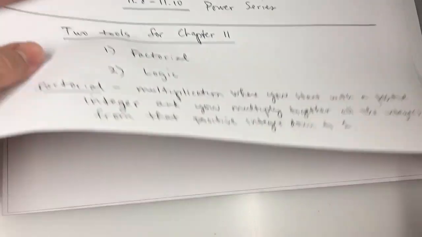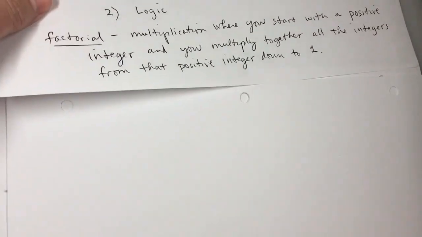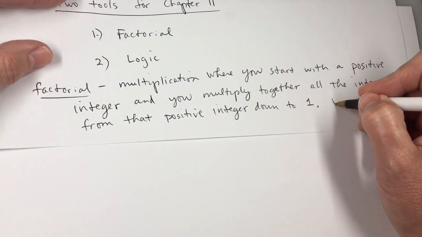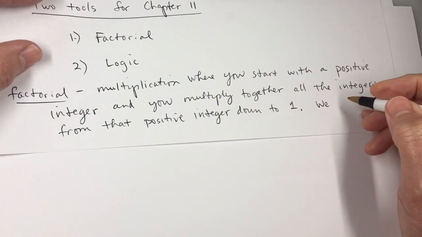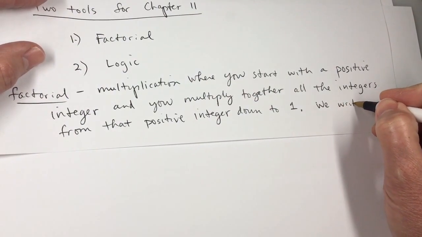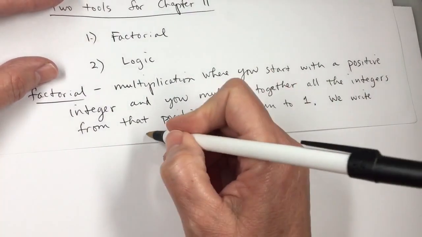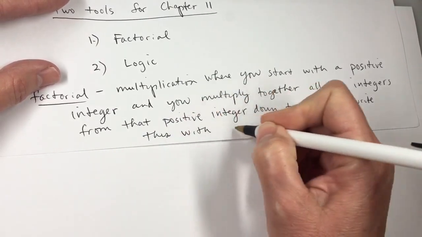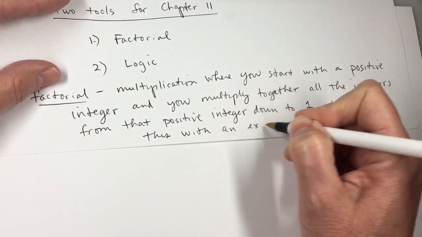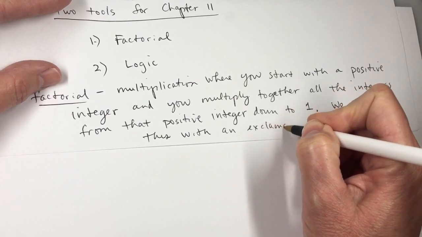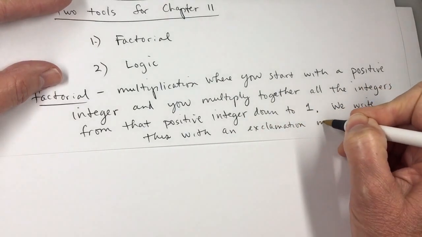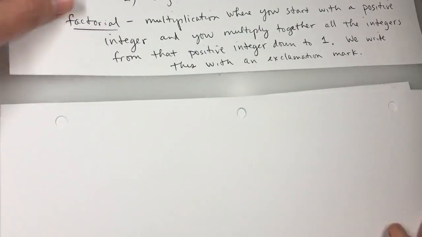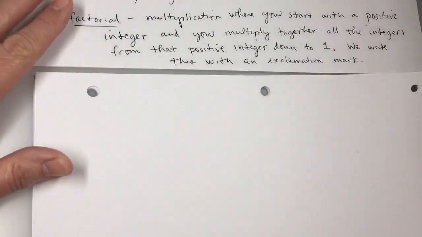So here's some examples. Oh, and how do we write factorial? We write this with an exclamation mark. So here's an example.